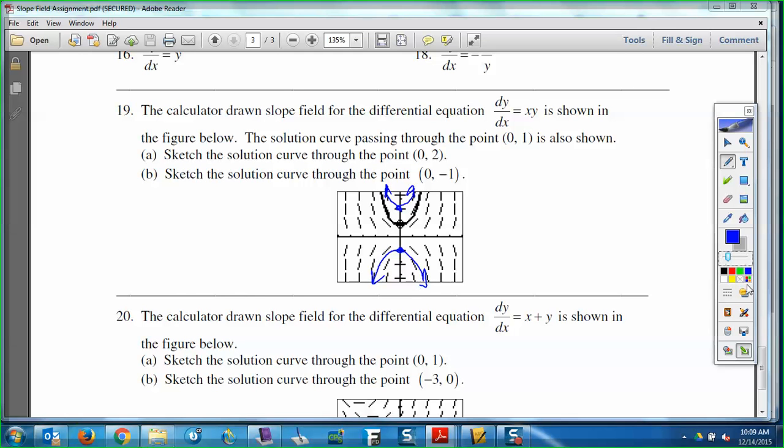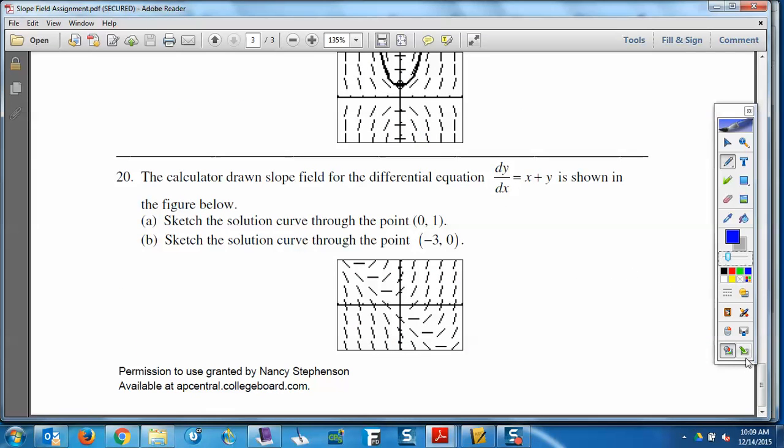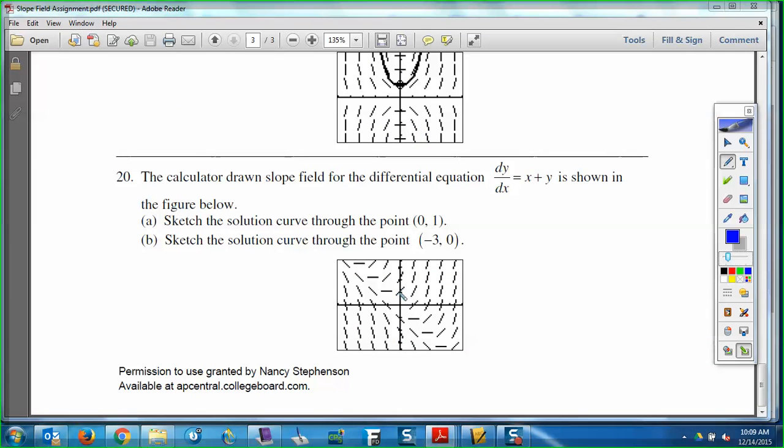Okay? And then this one, if you go through 0, 1, which would be here, that seems to be going like this. Now the problem is you don't have a whole lot to go on here. It does look like it flattens through here, so it's got to kind of flatten, and then what you have is an asymptote, so it goes up like that.